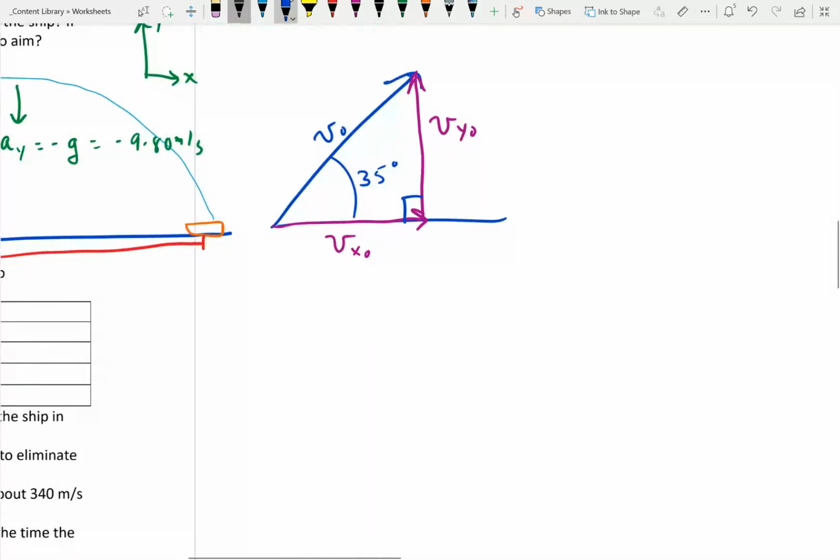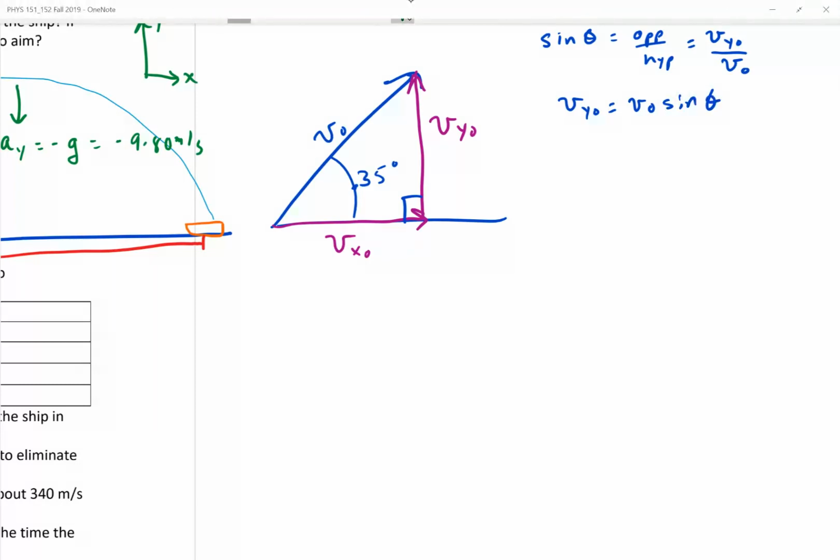Now remember our trig functions. Sine theta is equal to opposite over hypotenuse. So if I look for the side that's opposite to this 35 degree angle, it's Vy0. Hypotenuse was V0. So if I solve that for Vy0, I have Vy0 is equal to V0 sine theta.